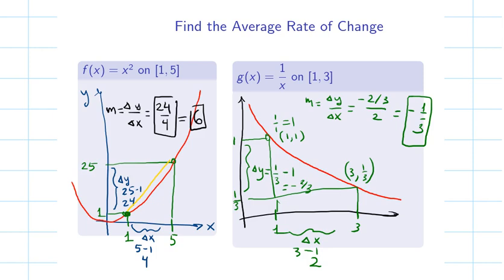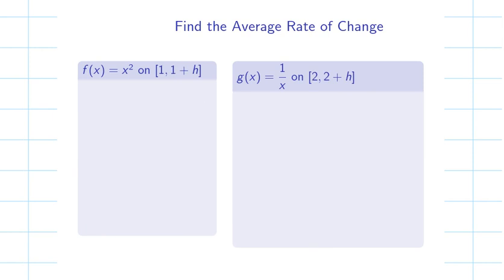Let's do something more abstract. We're going to have a more complicated x2. It has a variable in it, a parameter h. And so what this means is that the x2 value is changing, and we could set up a quick picture like this.